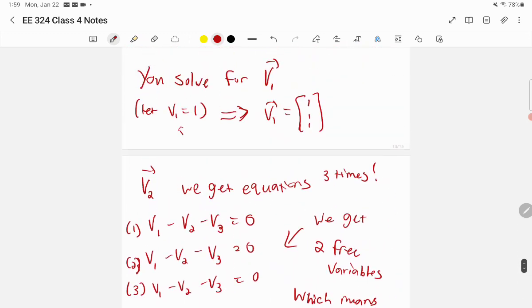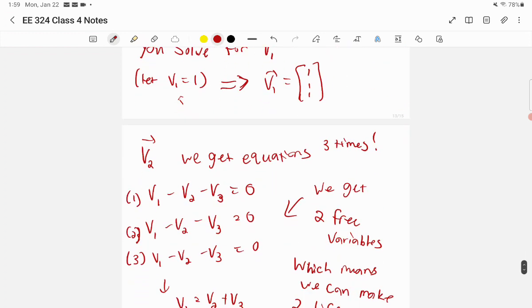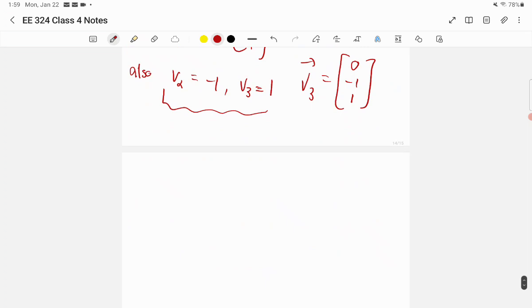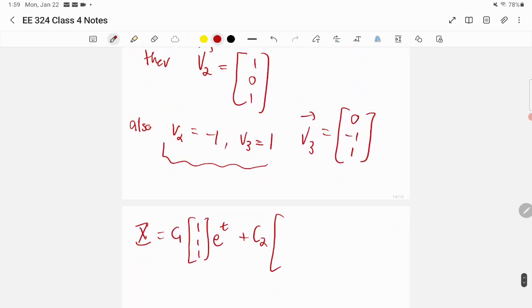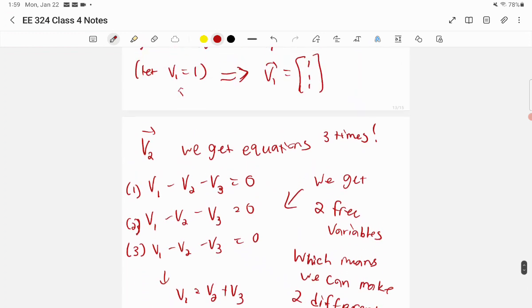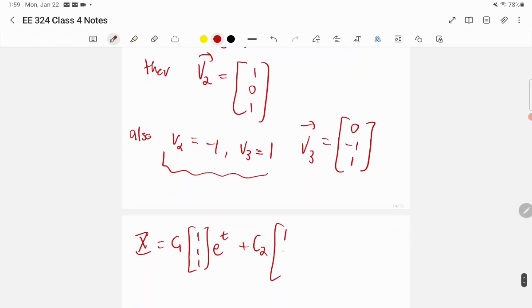Okay, so then my solution in this case is going to be C1 times 1, 1, 1 e to the t, because that was the first one. And this one's going to be C2 times 1, 0, 1 e to the 2t, and then this is going to be C3 times 0, -1, 1, and also e to the 2t.